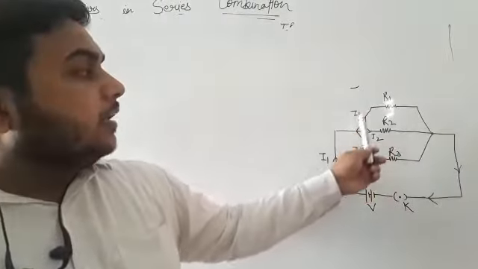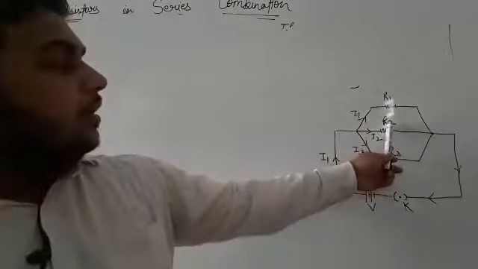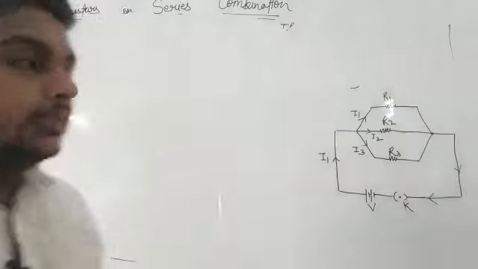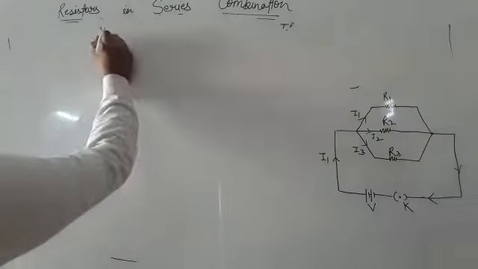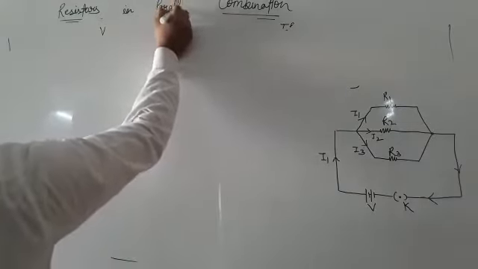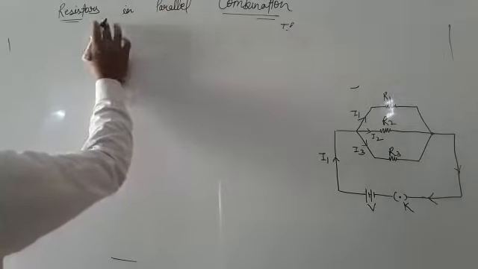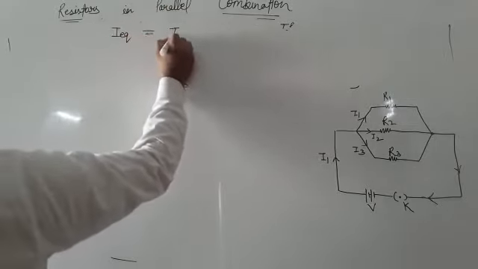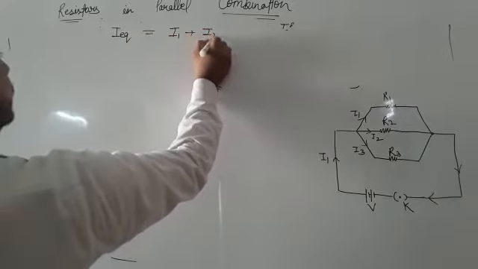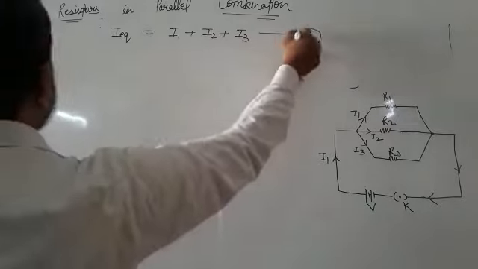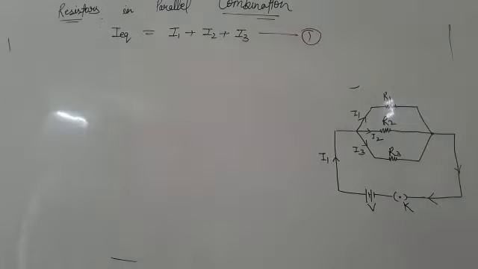Current for R1 is I1, current for R2 is I2, and current for R3 is I3. So in parallel combination, the total current I equivalent is equal to I1 plus I2 plus I3. Let us suppose that this is equation number 1.